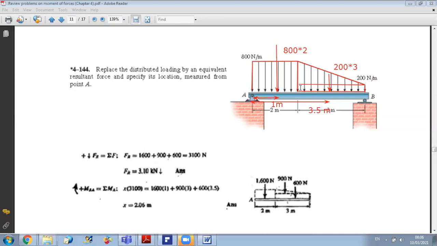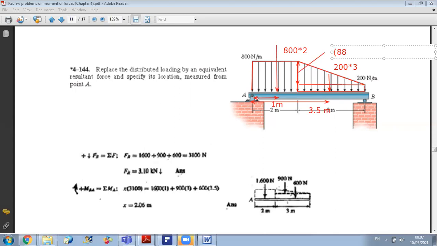And finally, for my triangular load, I know that the area is equal to base times height over 2. So here, this length from here to here is equal to the difference between 800 and 200. Okay, so here this length is 800 minus 200.